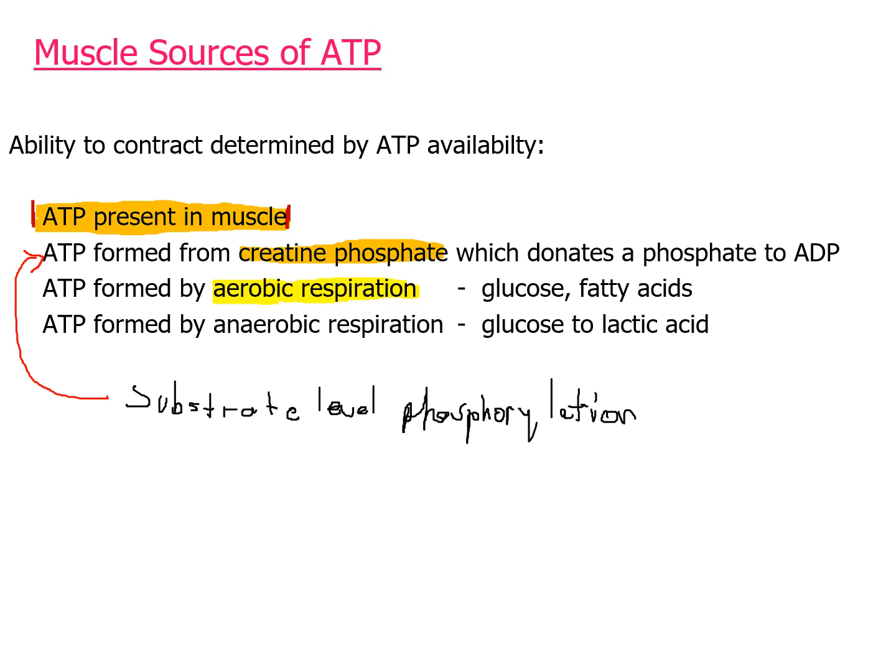Now, if the tissue is so metabolically active that oxygen becomes a limiting resource, not enough of it is being delivered, and that can happen in muscle, then the tissue starts going into anaerobic respiration, the generation of ATP in the absence of oxygen.